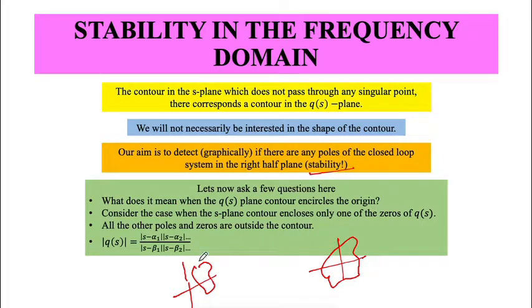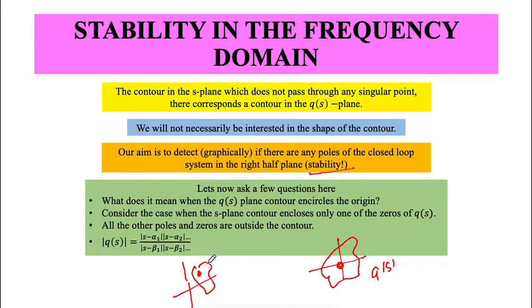It could be this one here, it could be just something. I am just interested in the origin. Does the contour on the Q(S) plane contain the origin? Not necessary here. Now let's start by considering the case when the S plane contour encloses only one zero.